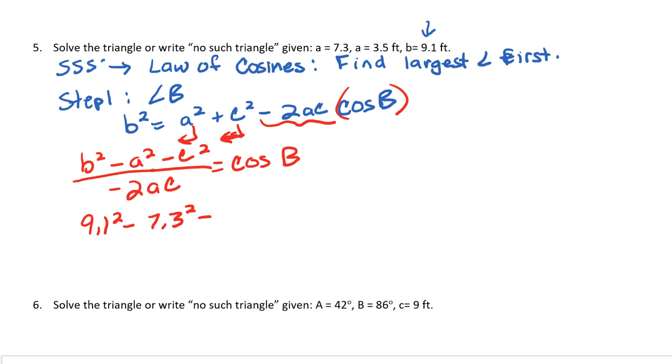All right, so now we have our b squared minus a squared minus c squared. And now what do I have up here in my given? A, B, C. So I'm messing this problem up completely here. So what do we want to do to fix this? I'll fix it on your worksheet to match this.